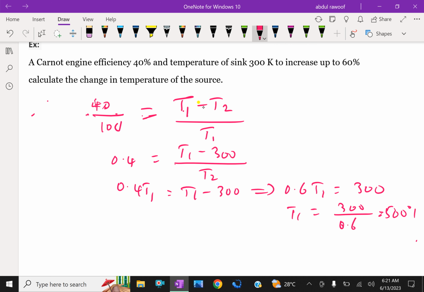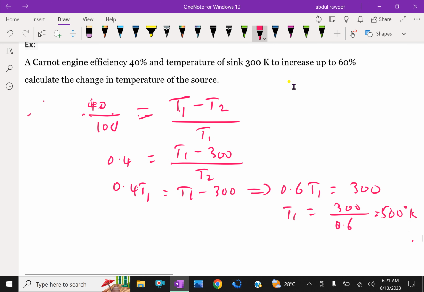Now, next, the efficiency is 60%. Calculate the change in temperature of the source. Now we have to calculate the source temperature when the efficiency is increased to 60%.